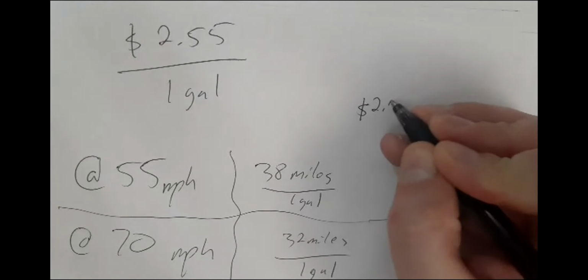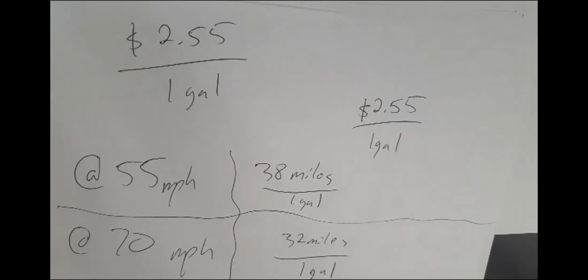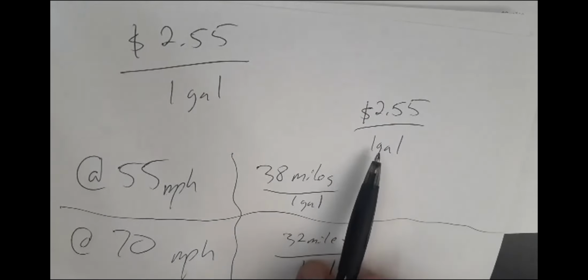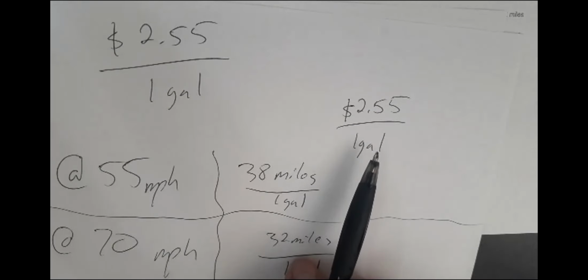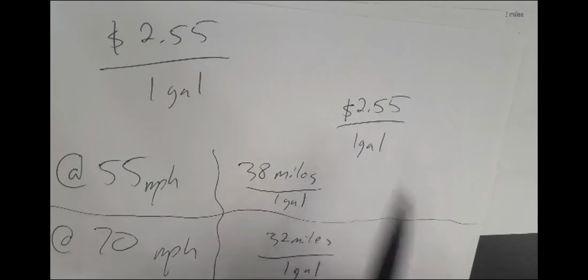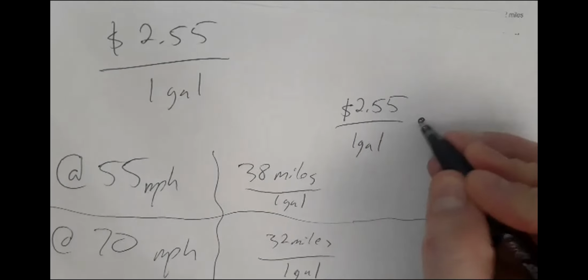So if I say $2.55 for every 1 gallon, what I want to get rid of is gallons. If I want to get rid of gallons, I have to multiply this by something.